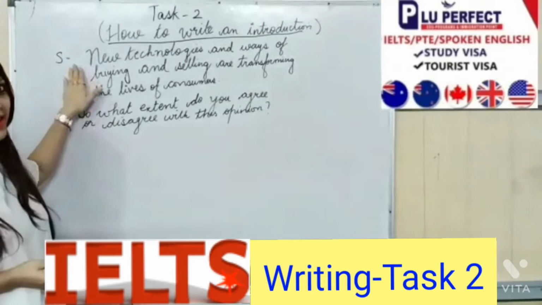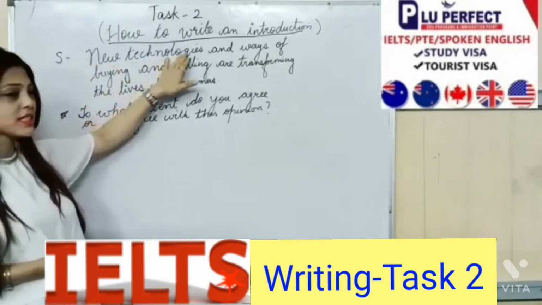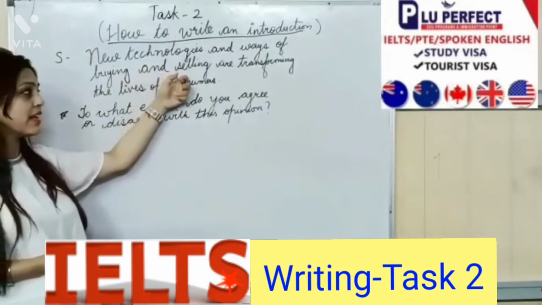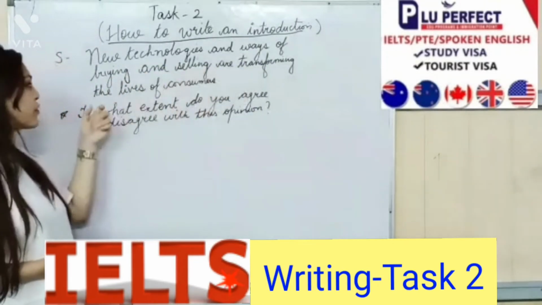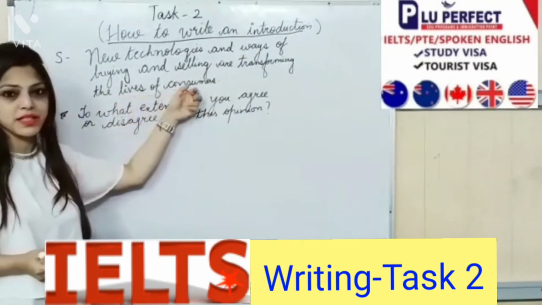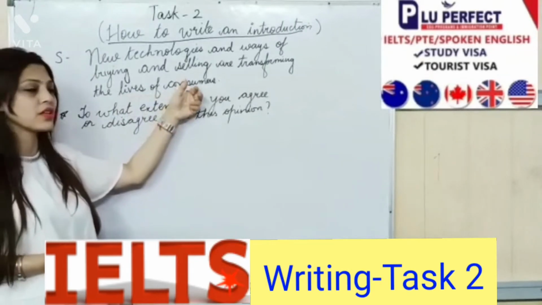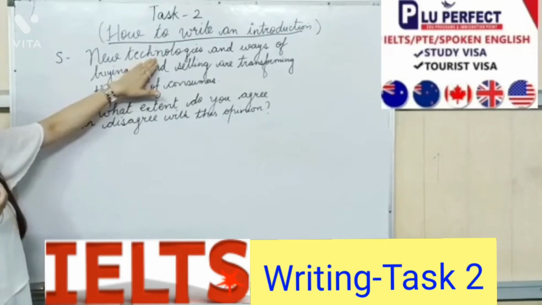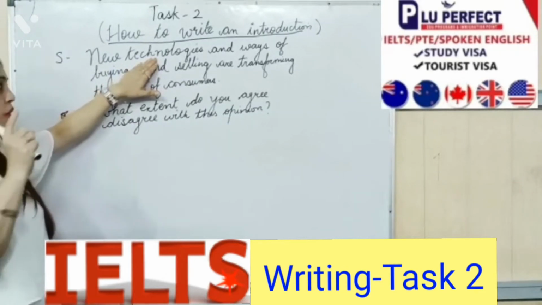The question says, new technologies and ways of buying and selling are transforming the lives of consumers. Now let's understand the statement again. When it's talking about new technologies, that's one reason.